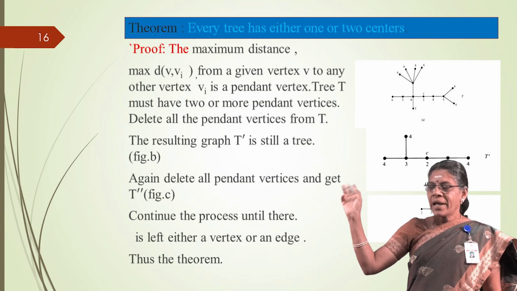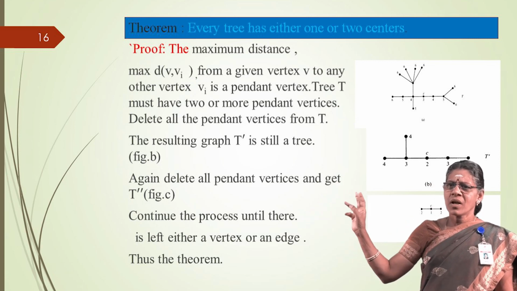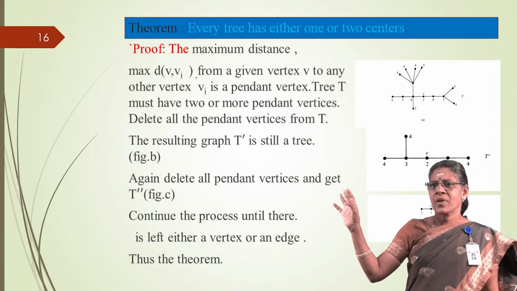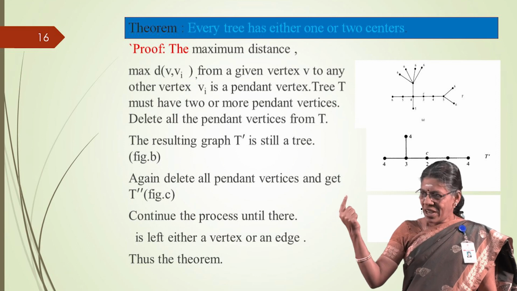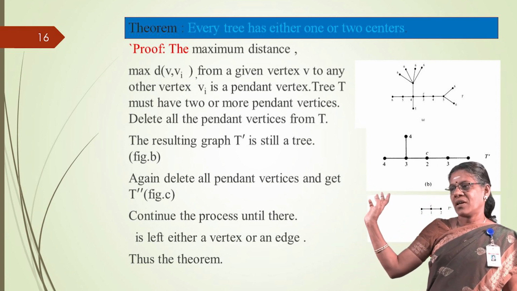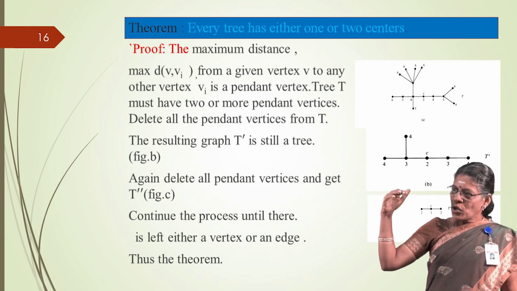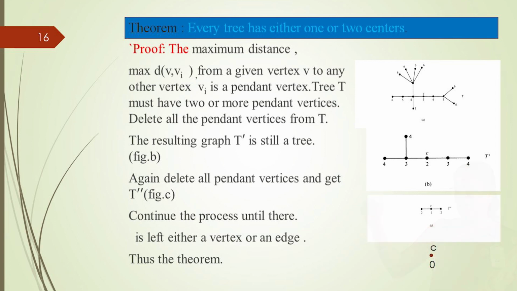Again delete all the pendant vertices, then we get T double dash. Continue this process until we arrive at either a vertex or an edge. Delete all the pendant vertices every time, until we arrive at one vertex or an edge.